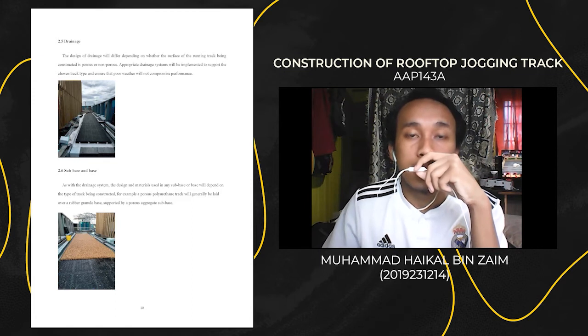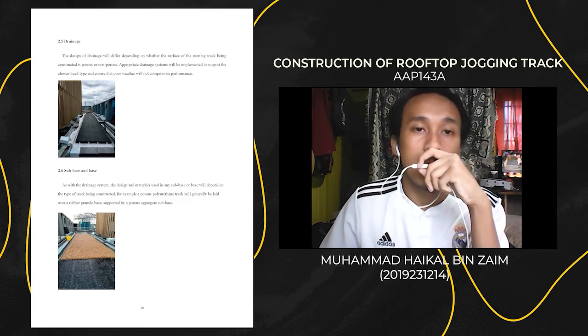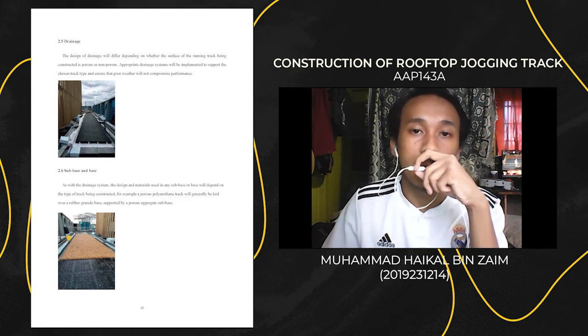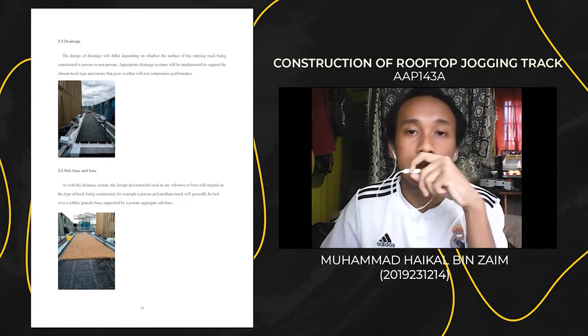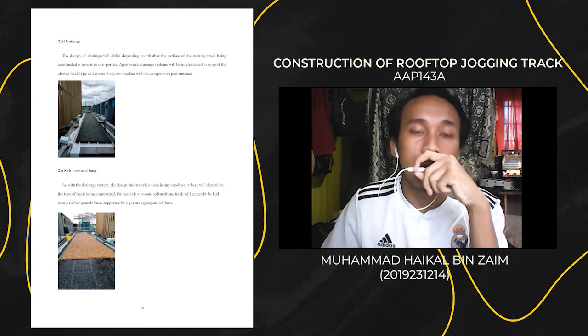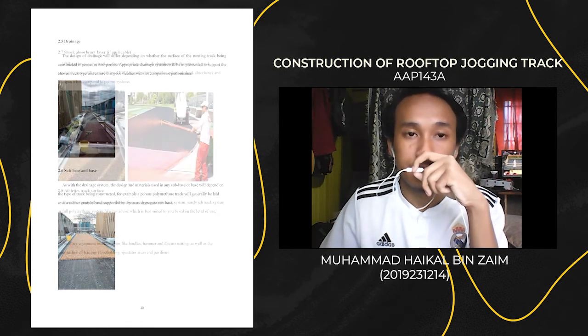As with the drainage system, the design and material used in any subbase or base will depend on the type of track being constructed. For example, a porous polyurethane track will generally be laid over a rubber granule base, supported by a porous aggregate subbase.